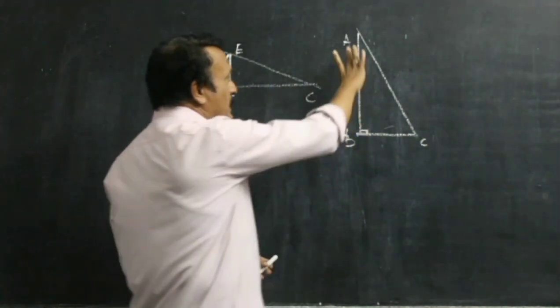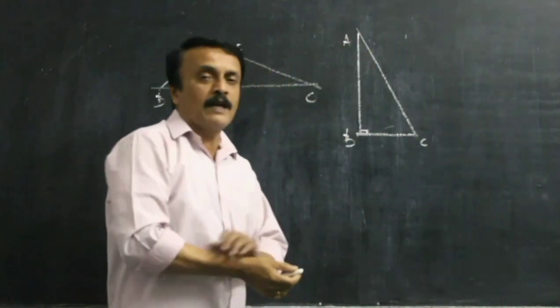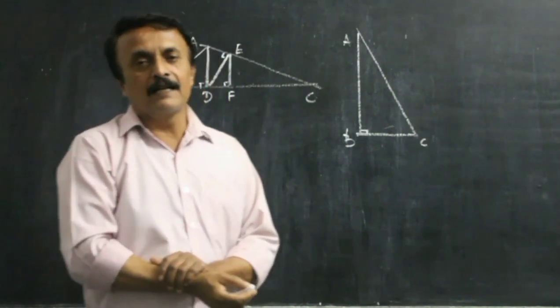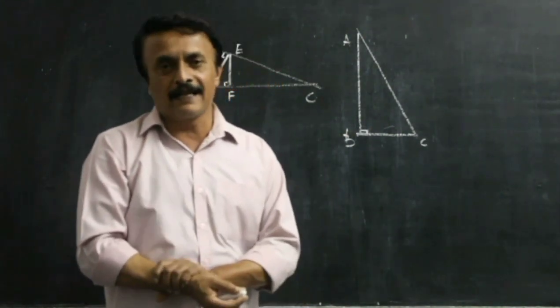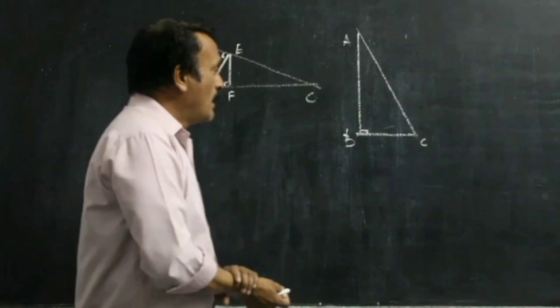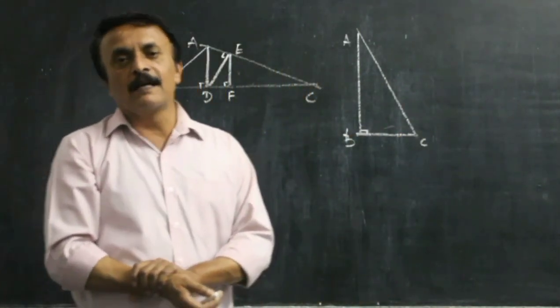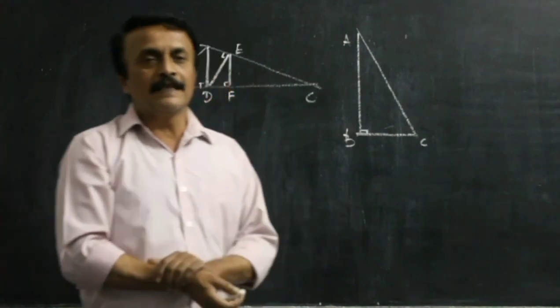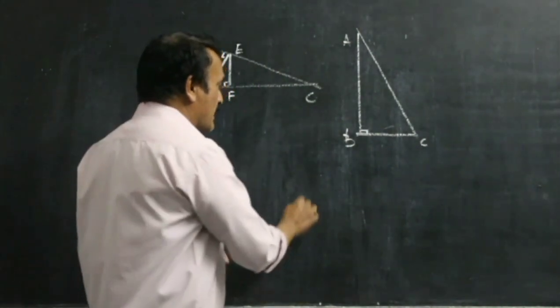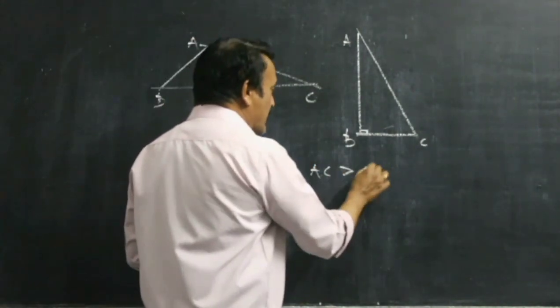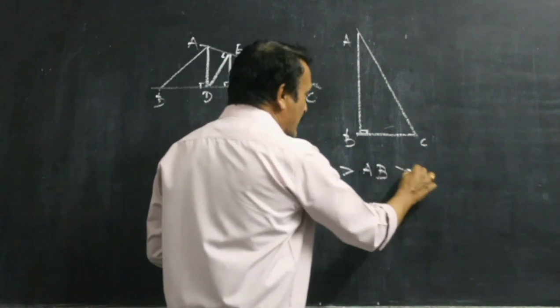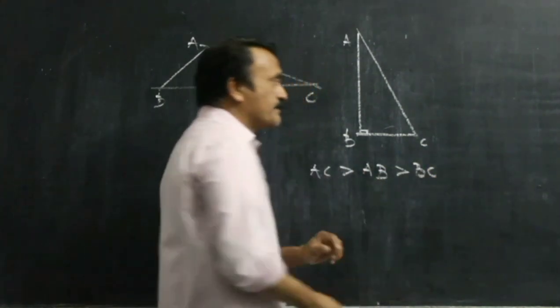Here purposefully I have taken AB as height. That's the second largest side in this diagram. And BC, that's the third largest side compared to the sides. Here side AC is greater than side AB, that is greater than BC.